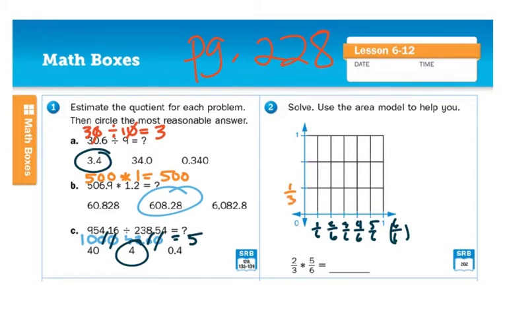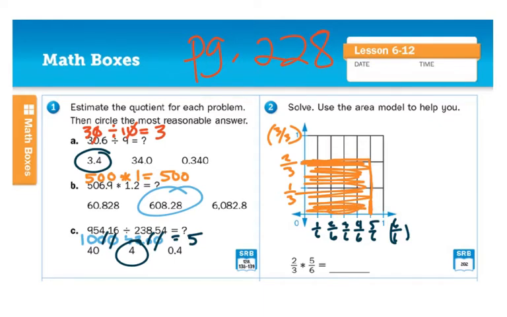So this would be 1/3, 2/3, 3/3 is the same as 1 whole. So we're going to go 2/3 of the way. And 5/6. Shade in 2/3 times 5/6.